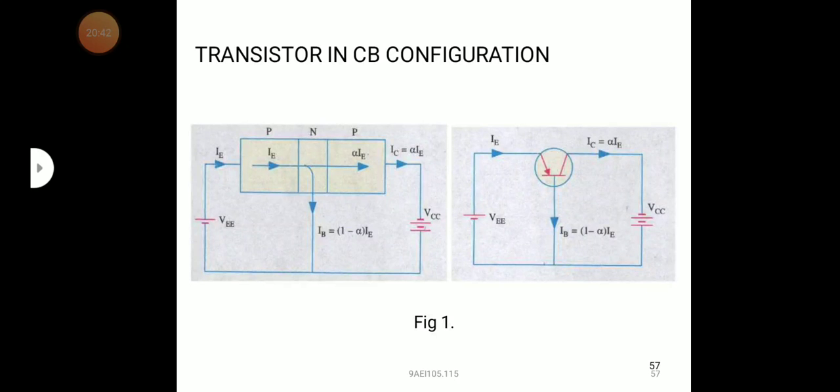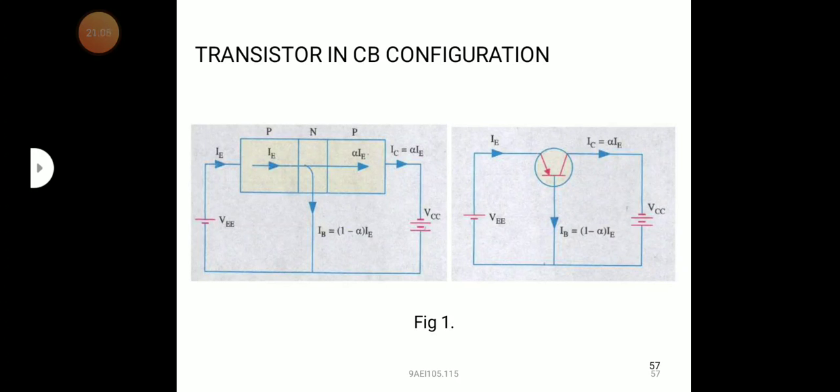We are taking the PNP transistor. Common base means the base is common to the input side and output side. The base current is IB, emitter current is IE, collector current is IC.